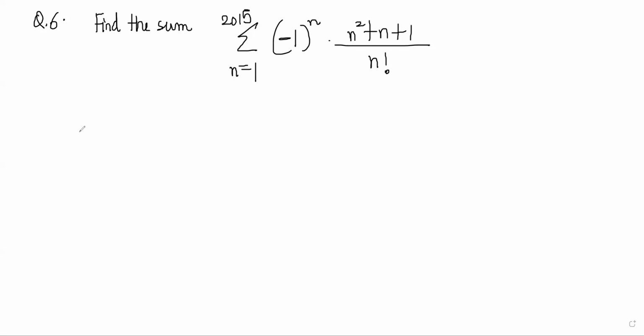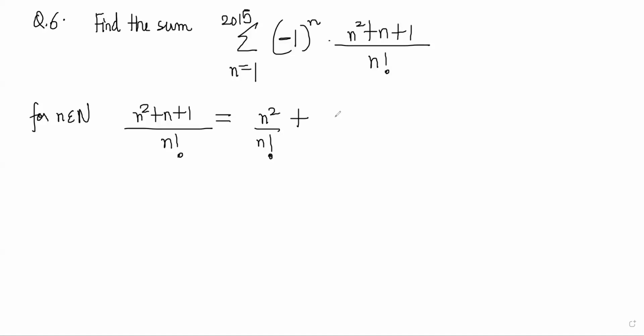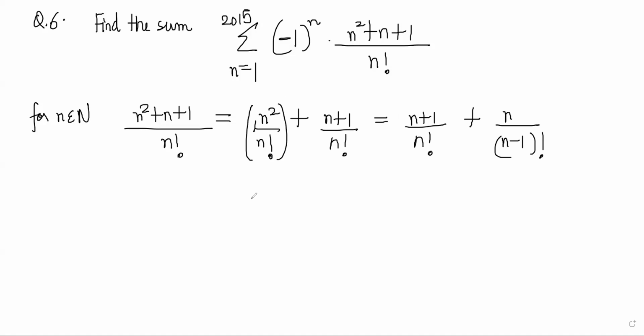Okay, so now we can say for n belongs to natural numbers, (n square plus n plus 1) by n factorial can be written as n square by n factorial plus (n plus 1) by n factorial, and that can be written as basically (n plus 1) by n factorial plus n by (n minus 1) factorial, because one n can get cancelled here in this term, right?